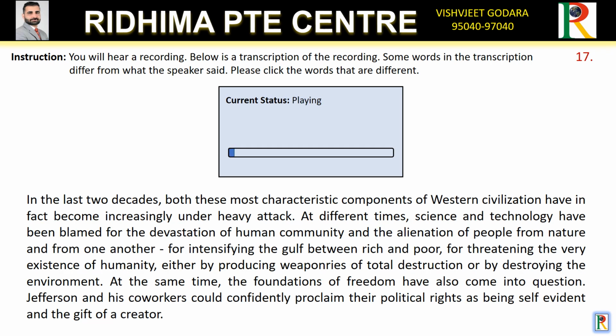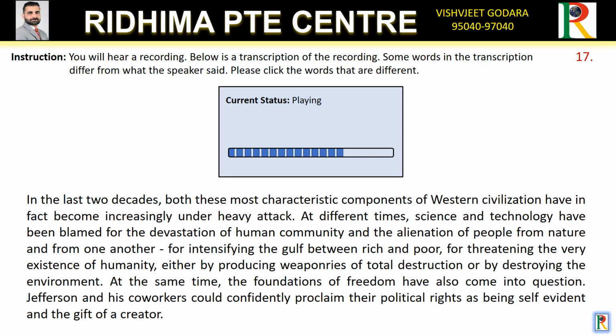In the last two centuries, both these most characteristic elements of Western civilization have in fact become increasingly under heavy attack. At different times, science and technology have been blamed for the destruction of human community and the alienation of people from nature and from one another, for intensifying the gulf between rich and poor, for threatening the very existence of humanity, either by producing weapons of total destruction or by destroying the environment.